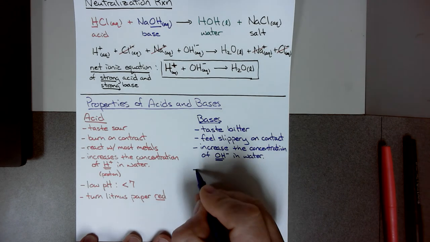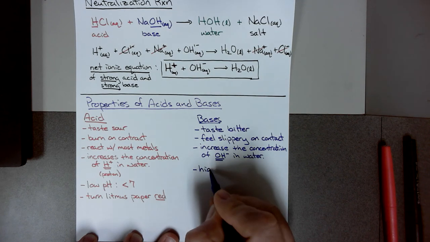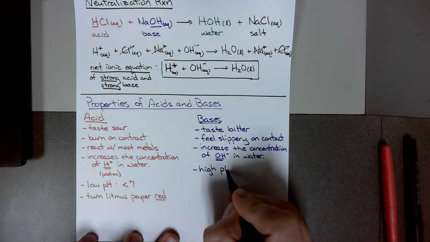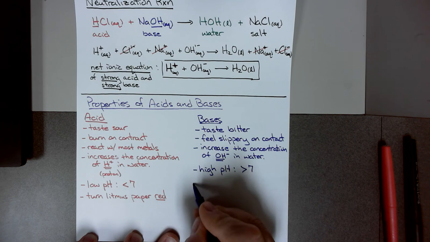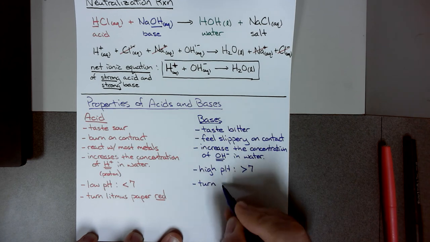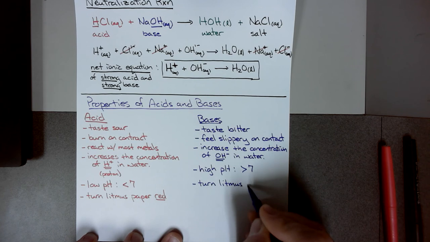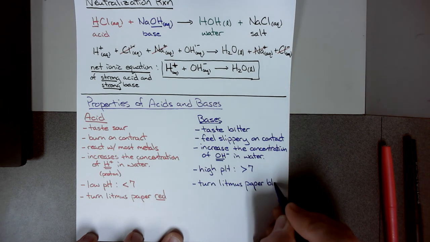Bases have a high pH, meaning that their pH value is greater than 7. And bases turn litmus paper blue. And that's why I use blue color for base.